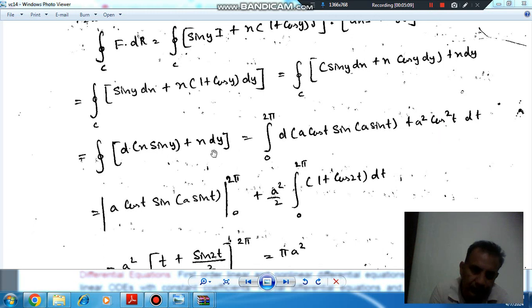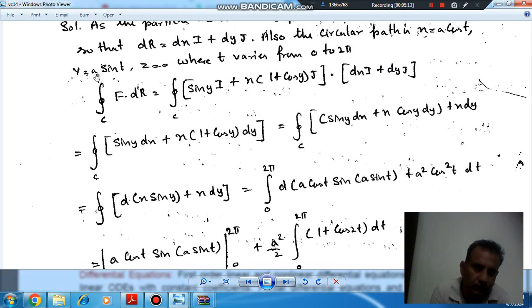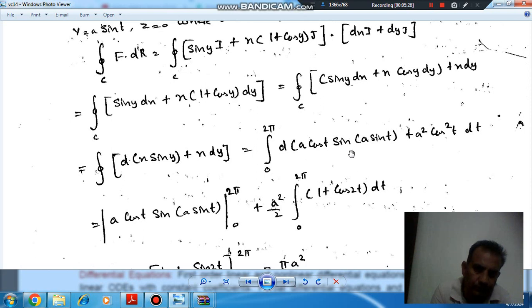Next is a cos t, and dy is your, we put y is equal to a sin t, and then differentiation of sin t is your cos t, and a is already there, so it should be a square cos square t dt.